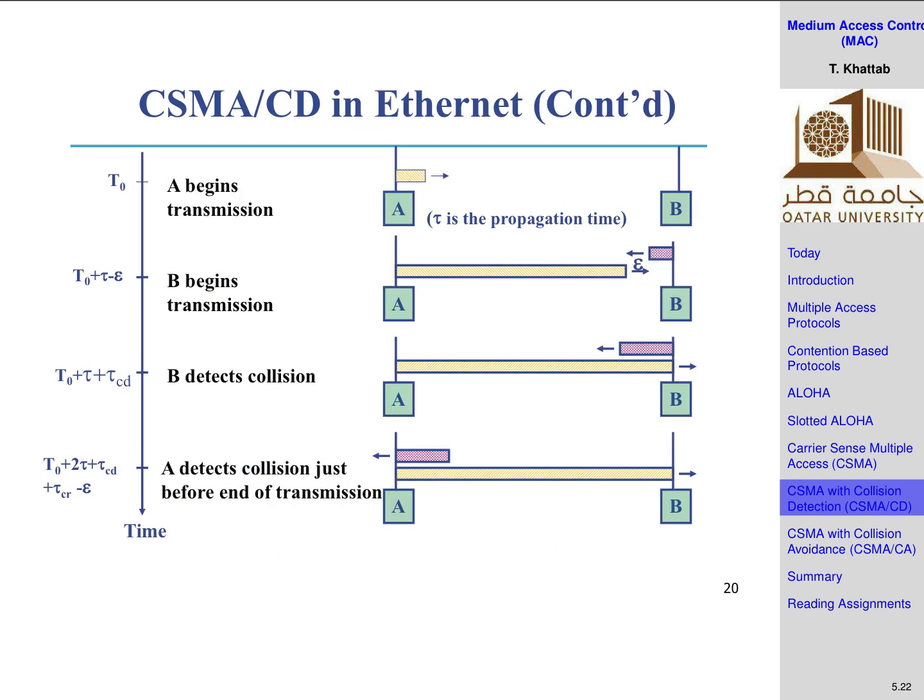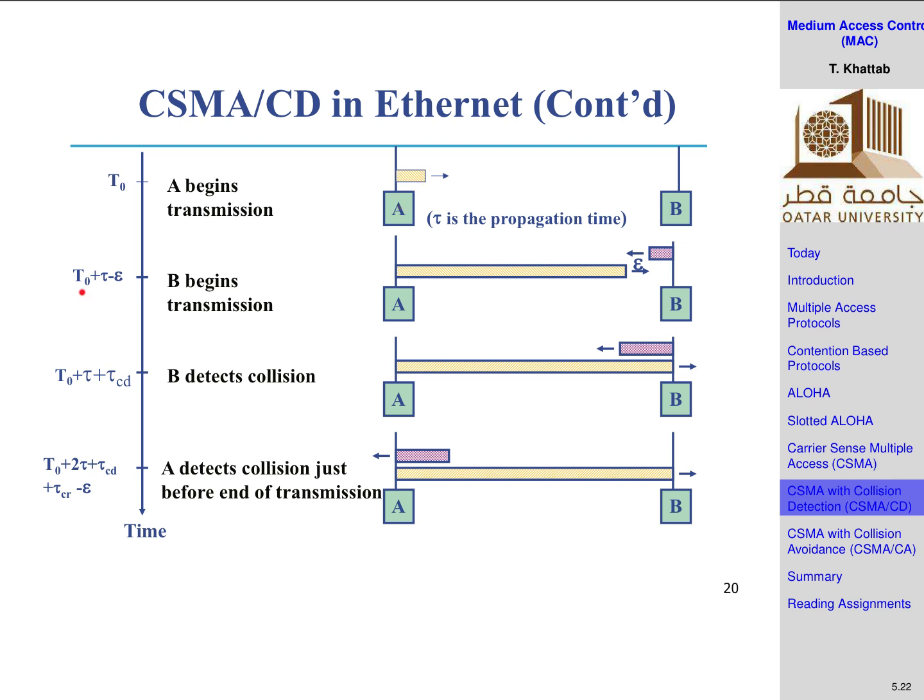Now here is a time sequence diagram that shows the carrier sense multiple access collision detection and the Ethernet protocol, as we mentioned. So you have T0, node A begins transmission, right? So this is node A, and it starts transmission, right?